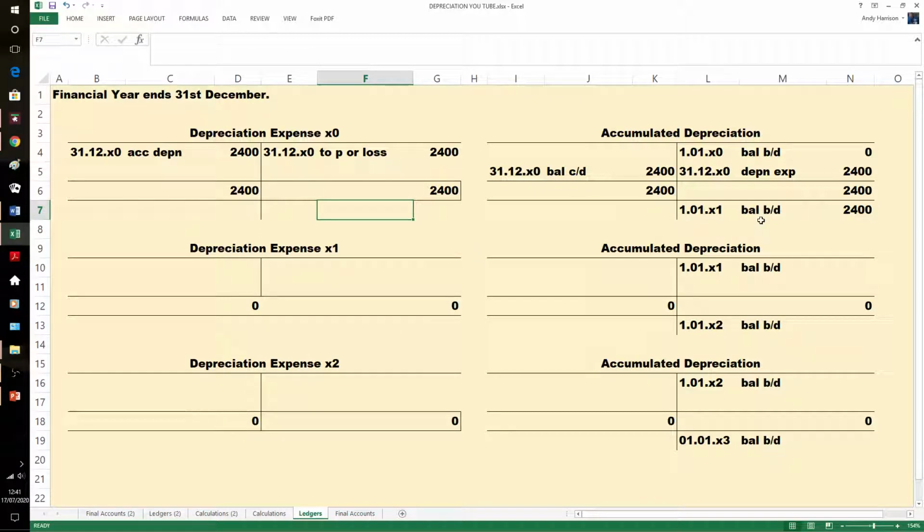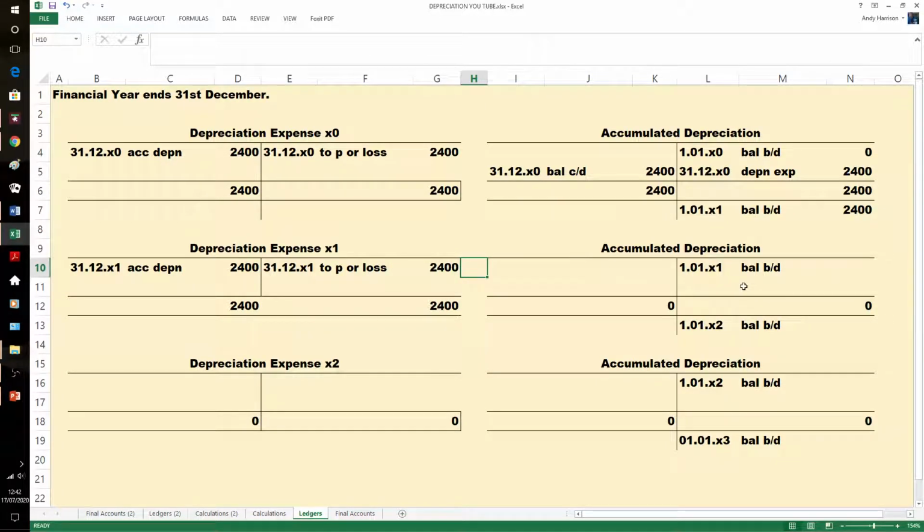So the next year, at the end of the year, is our expense. That one's finished with at the end of X1.